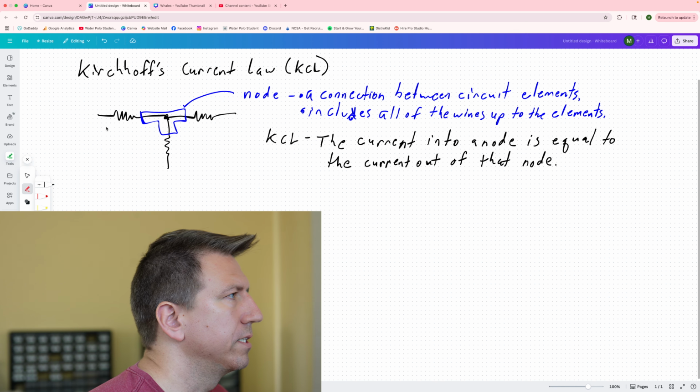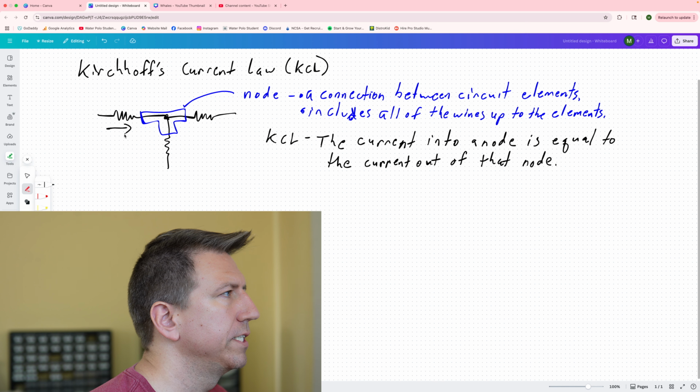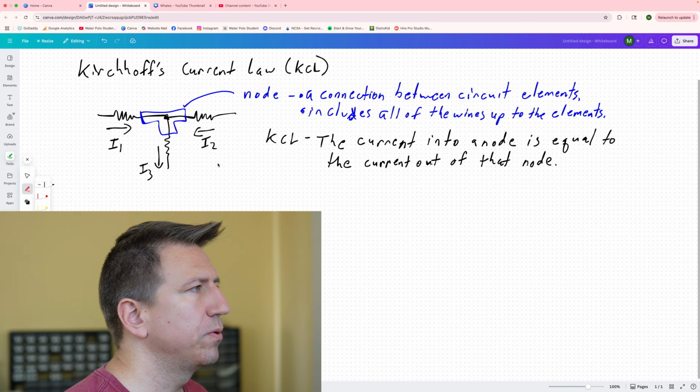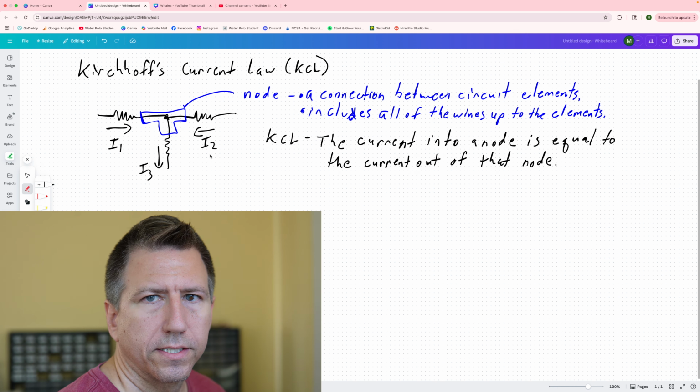So let's go ahead and label a couple of currents. When we label these currents for each of these branches, I'm going to call this I1, and then I'll call this one I2, and then we'll call this one coming out this way I3. It's important that we put these arrows here to tell us which direction the current is flowing.